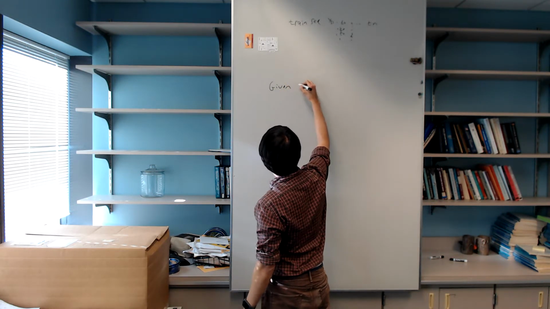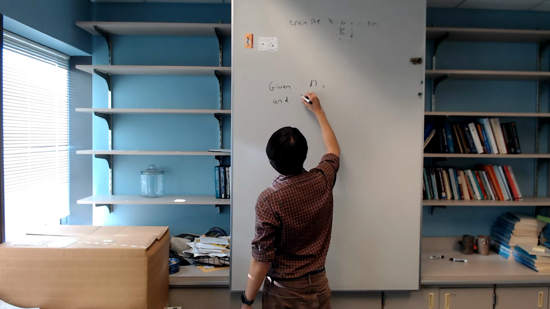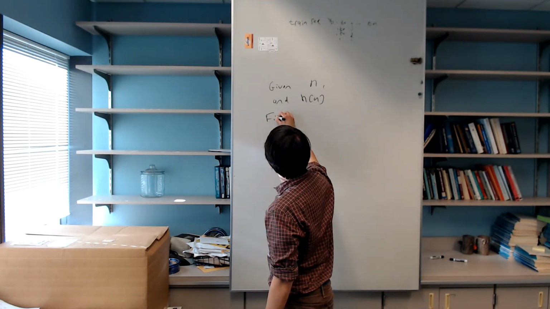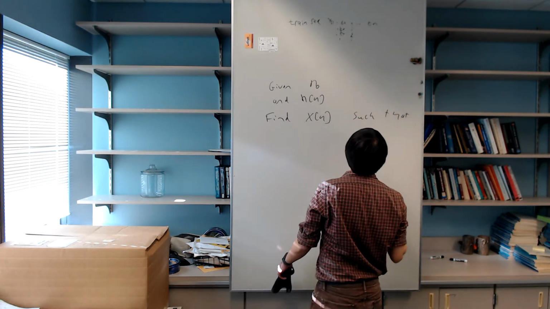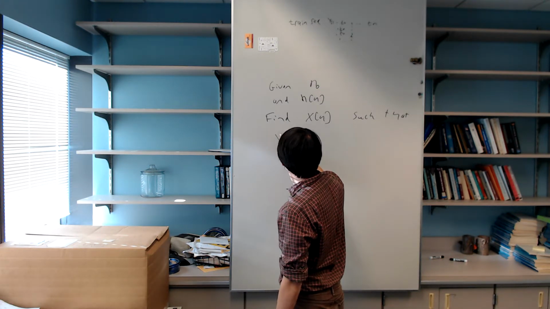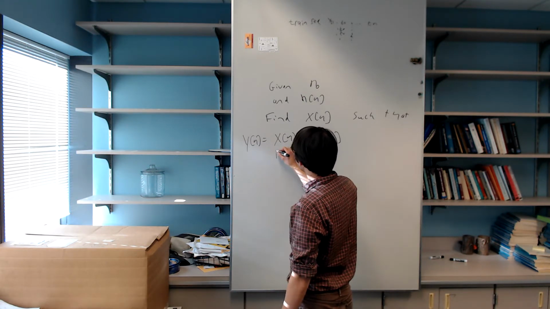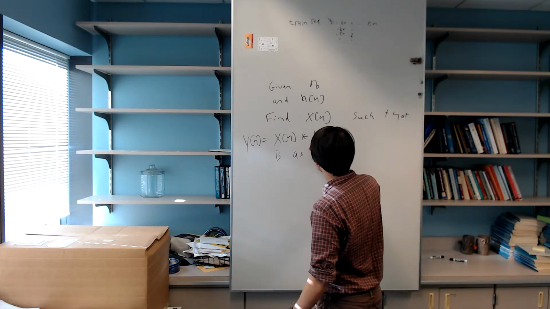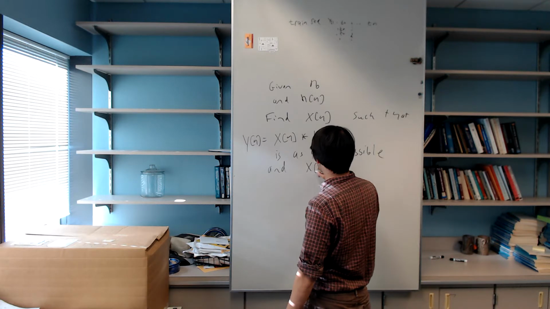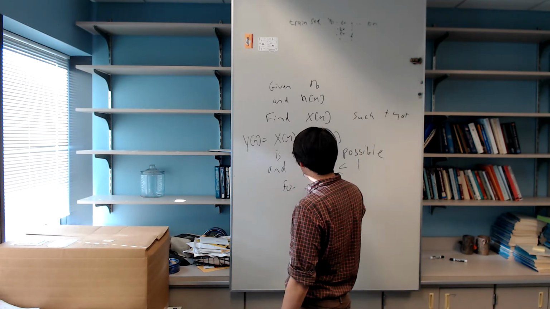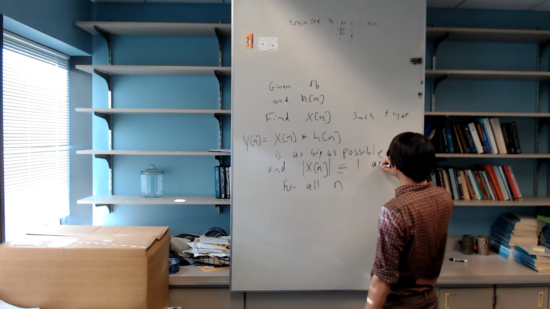Given a specific n, call it n0, and h[n], the impulse response, find x[n] such that y[n] = x[n] convolved with h[n] is as big as possible at y[n0], with |x[n]| less than or equal to 1 for all n.